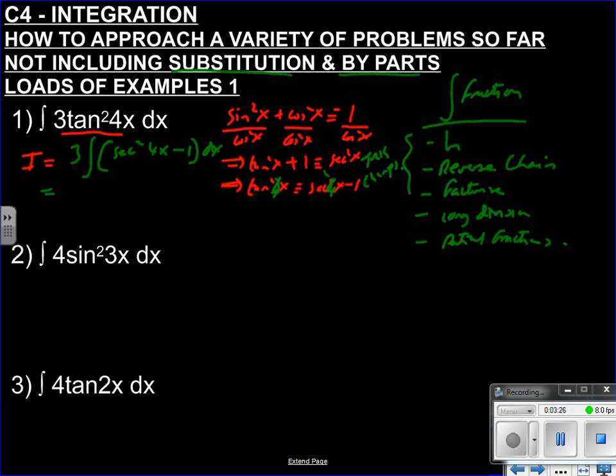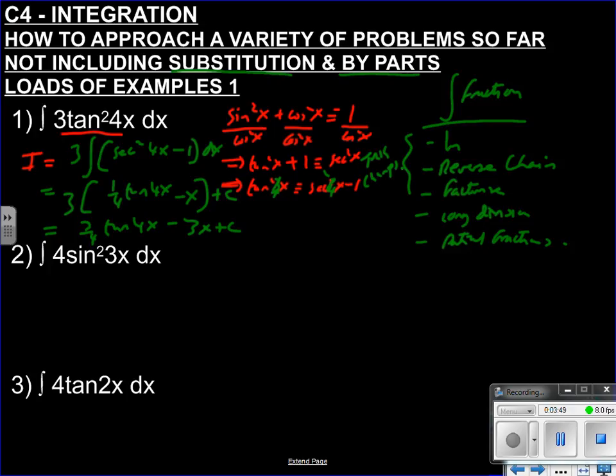So don't worry about that 3. We'll leave that 3 on the outside. Sec squared 4x, well tan 4x would differentiate to sec squared 4x, but a 4 would pop out. So we need a quarter, minus the 1 goes to x, and then let's not forget our plus c.